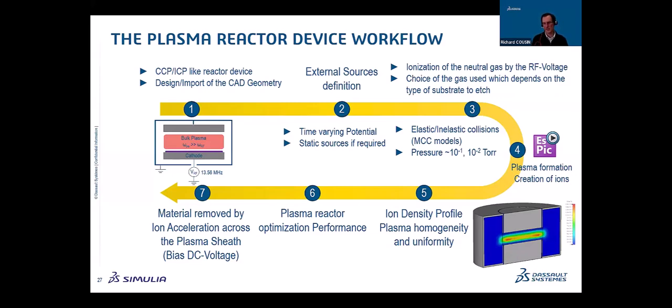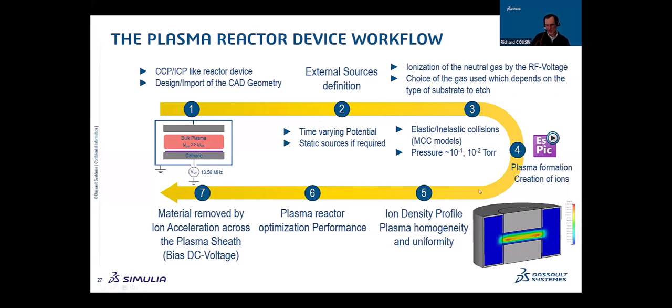So once again, the plasma is treated as a kinetic model dominated by the collisions. Then you can run the ESPIC solver, well suited for this kind of application. And then you can have such a figure that you can analyze, where you have, for instance, the ion density profile, where you can control the plasma homogeneity and uniformity.